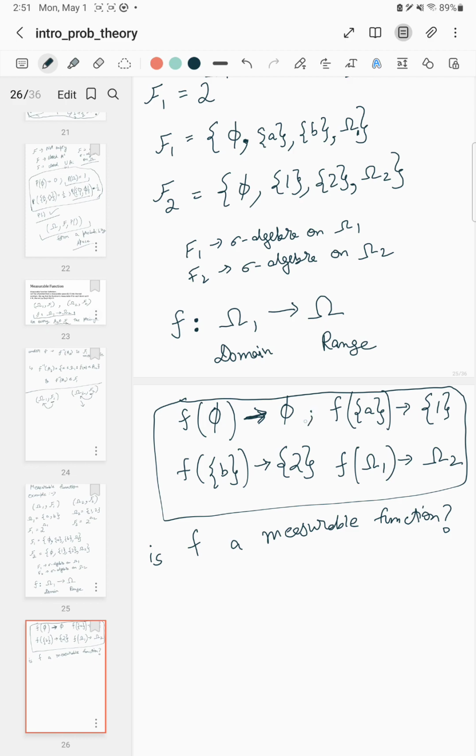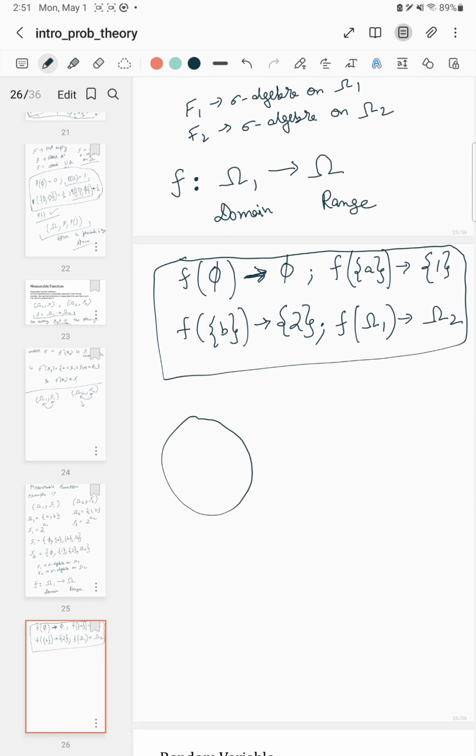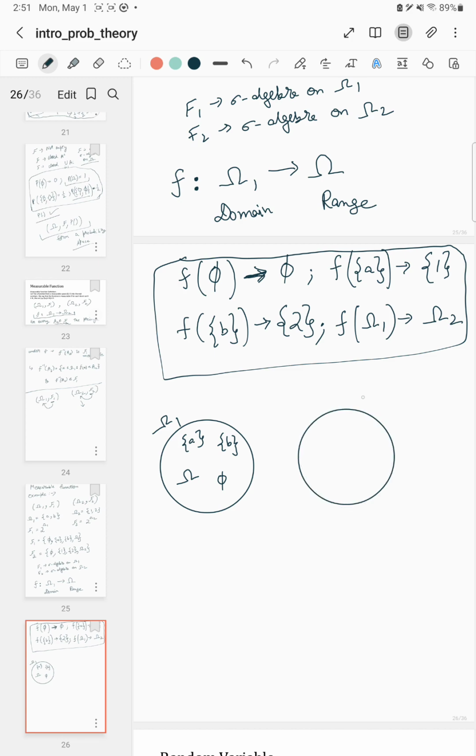Let's see if it satisfies the property of a measurable function. So let's say we have this sample space omega 1 with the sets A, B, omega and phi being present in the sigma algebra of omega 1, and we have this sample space omega 2 with these sets 1, 2, let's say we have phi, and this is omega 2 itself.